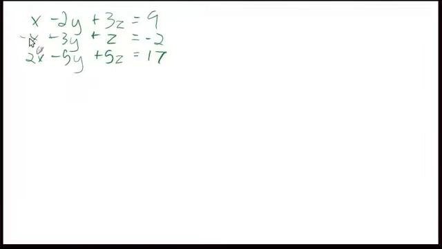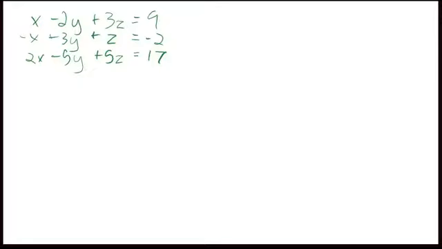So the first thing I'm going to do is get rid of an x here and an x here. However, I can do that. Well, here immediately this is simple. I can take these two guys and I can add them together, and the x's would eliminate each other. Okay. Now, when you make that addition, you're going to replace one of those equations that you used with the new equation. Let me show you what I'm saying.